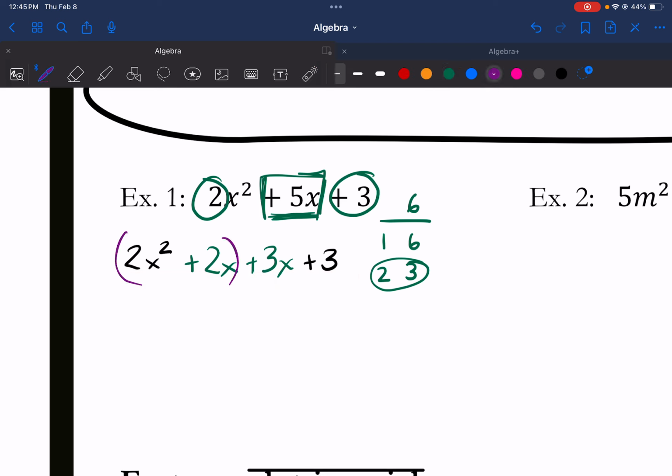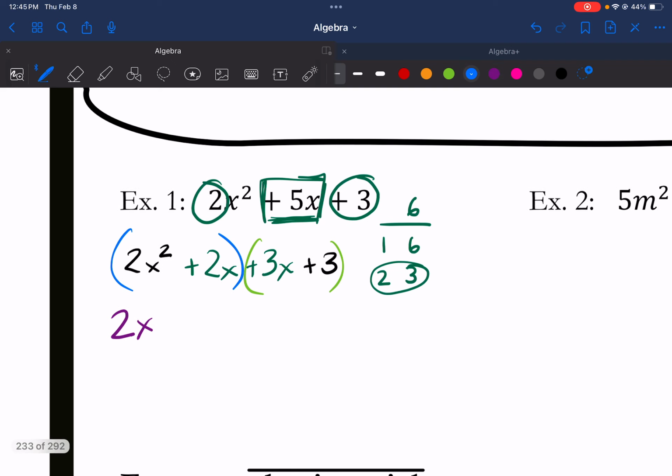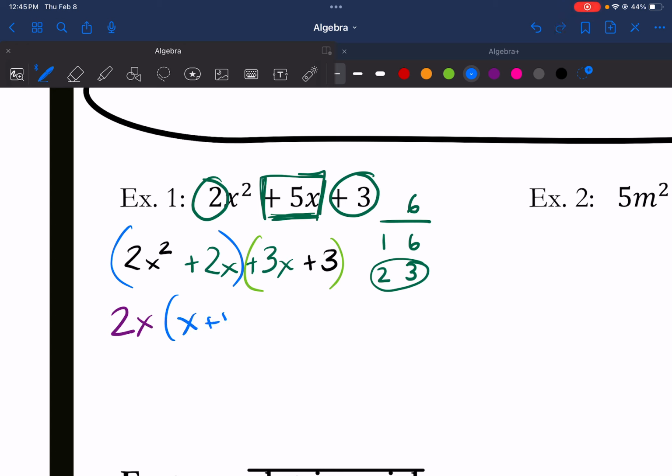So I'm going to set this up. Let's choose a different color. We can factor out a 2x here, and then we're left with x plus 1. Then we can factor out a positive 3 here, and we're left with x plus 1.